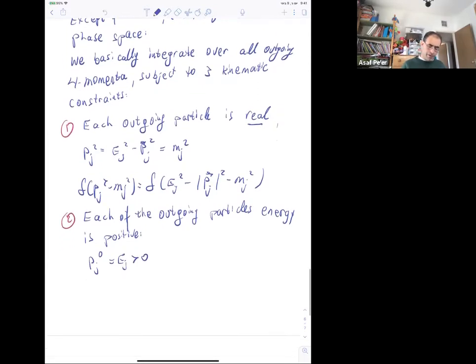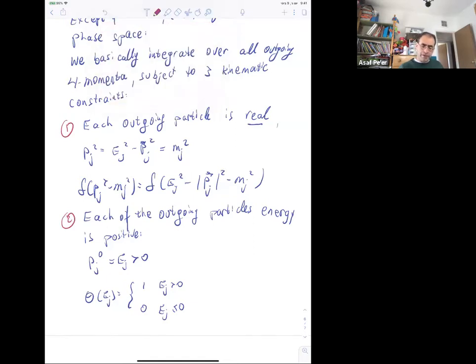Remember that the theta function of Ej will give us 1 if Ej is greater than 0, and 0 if Ej is not. We cannot have particles with negative energies in the decay process.